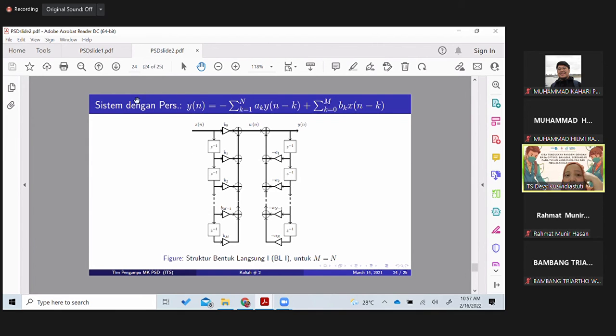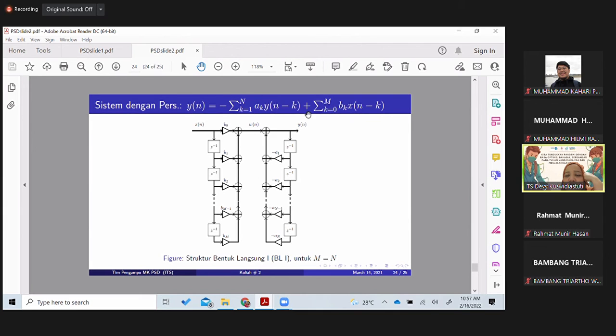If we have a difference equation like here, yn equals minus sigma k from 1 to N, ak yn minus k, and so on.